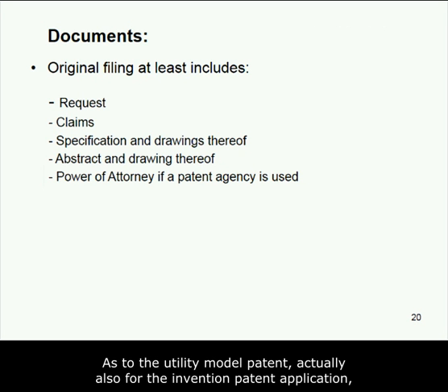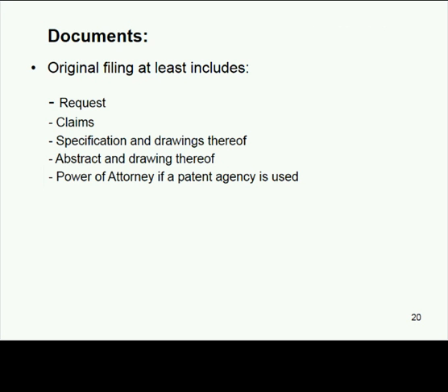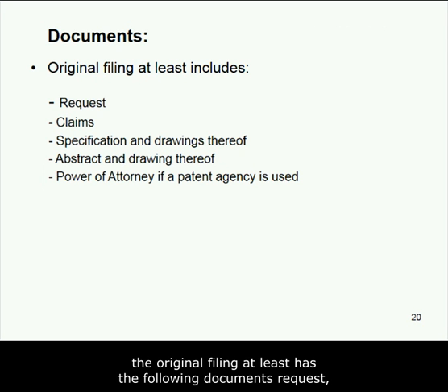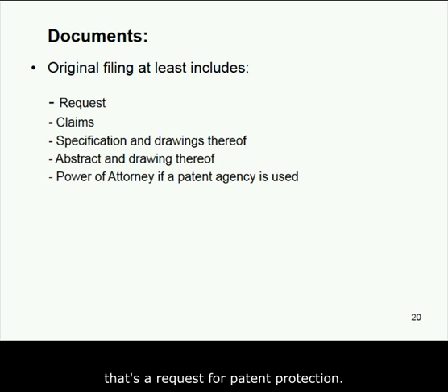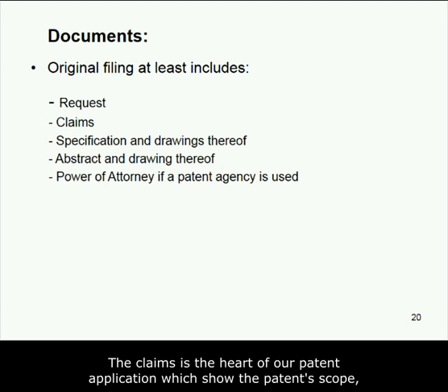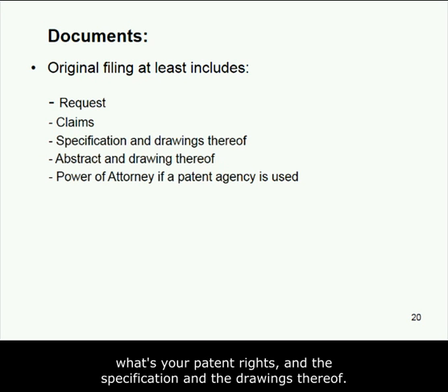As to the utility model patent, and also for invention patent applications, the original filing has at least the following documents: a request for patent protection, and then we also need to attach the claims. The claims are the heart of our patent application, which show the patent's scope, what your patent right is, and the specification and the drawings thereof.